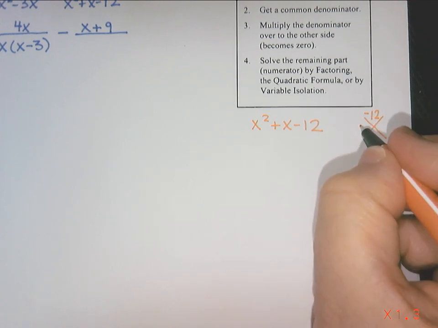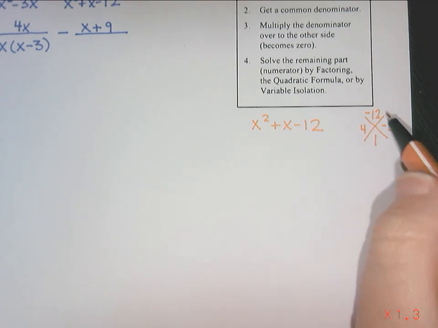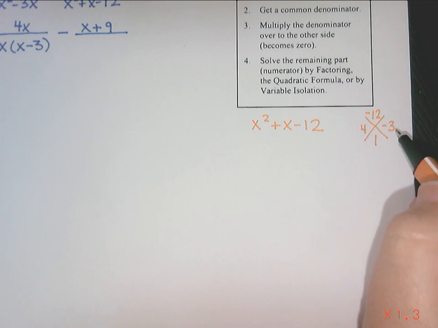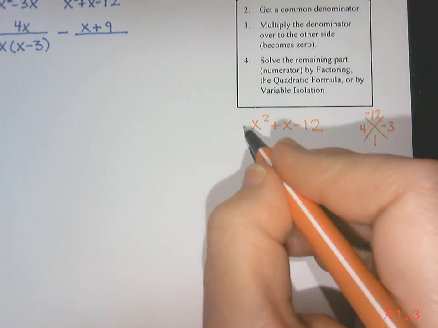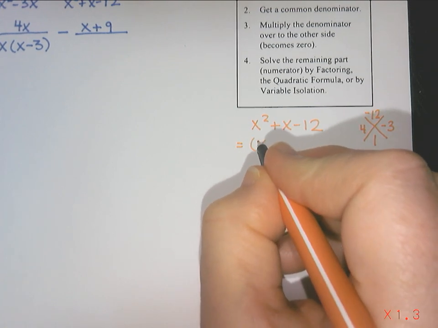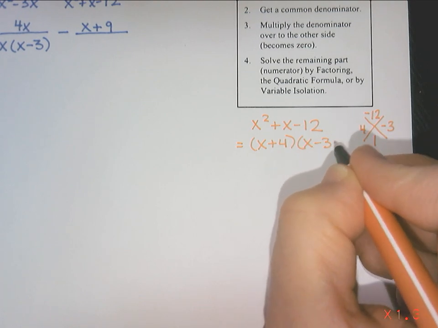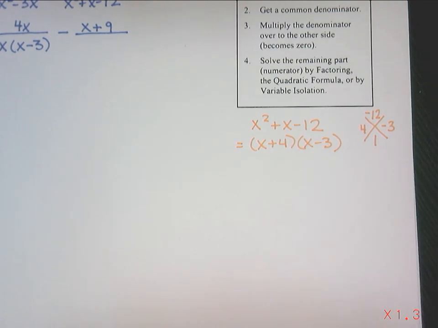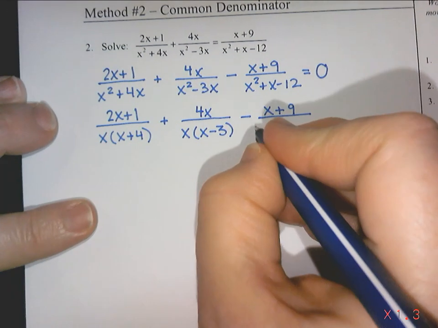So that would be positive 4 and negative 3. 4 times negative 3 is negative 12. 4 plus negative 3 is positive 1. All right, because there's nothing in front of that x², that is just going to be (x + 4)(x − 3). Okay, that is my last denominator, (x + 4)(x − 3).